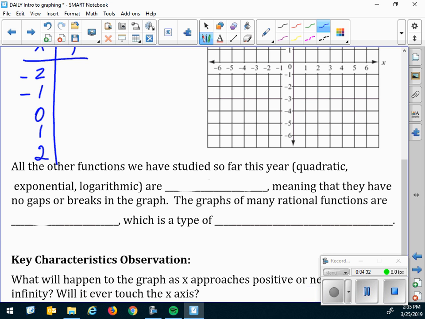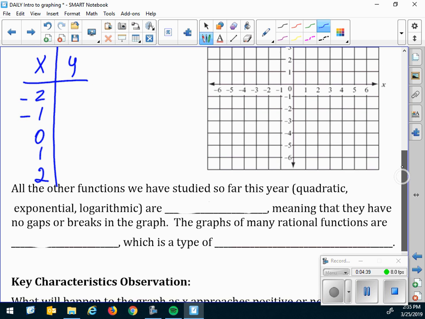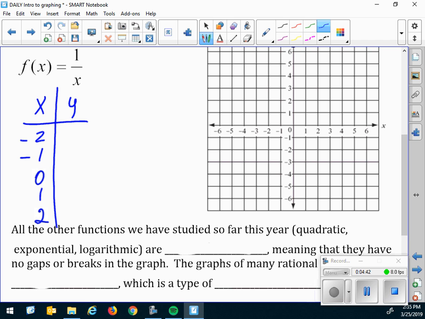Aiden, you writing this down? Now, here we go.